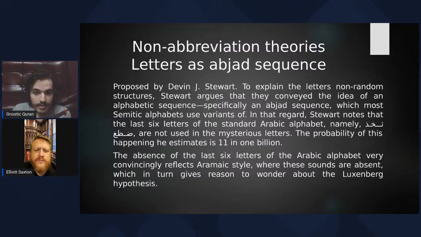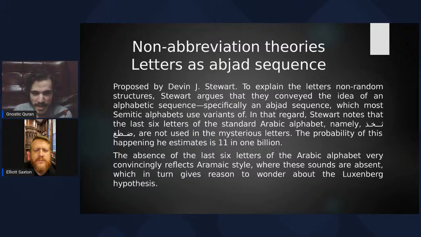It was proposed by Devin J. Stewart, a professor of Arabic language, and he noticed, for example, that the last 6 letters of the standard Arabic alphabet are absent from the word combinations we can find in the current Quranic text, namely tha, ha, dhal, dad, dha, and ghain. They are not used in the mysterious letters.